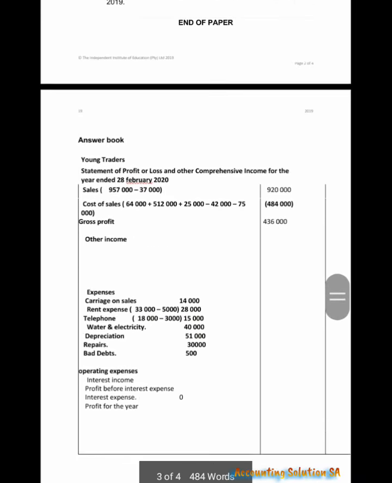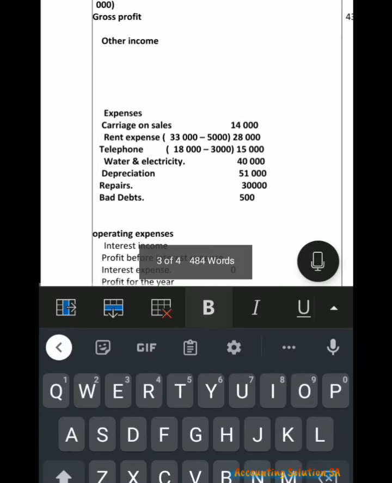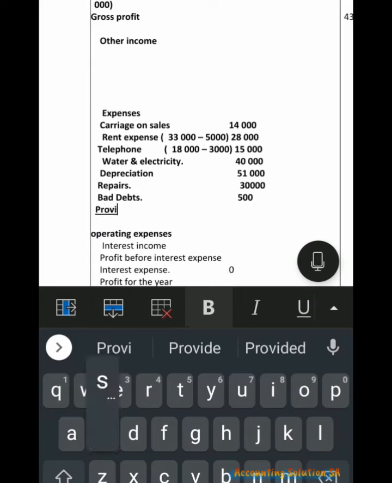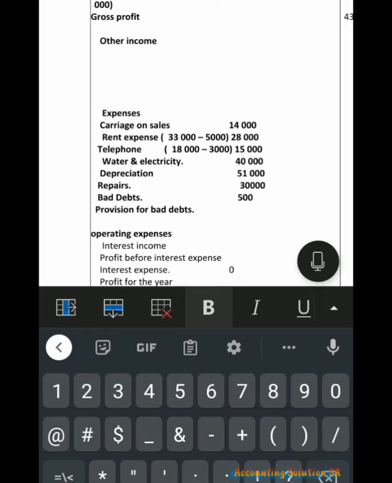In this case, of course, it's going to be expense because we are now doubting more people, which is a loss to us. A provision for bad debts. 3,000 minus 2,500 gives us 500.